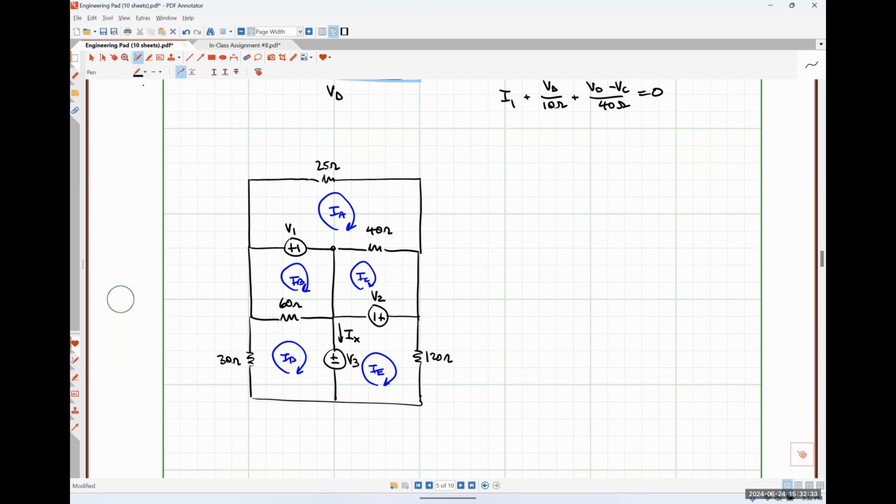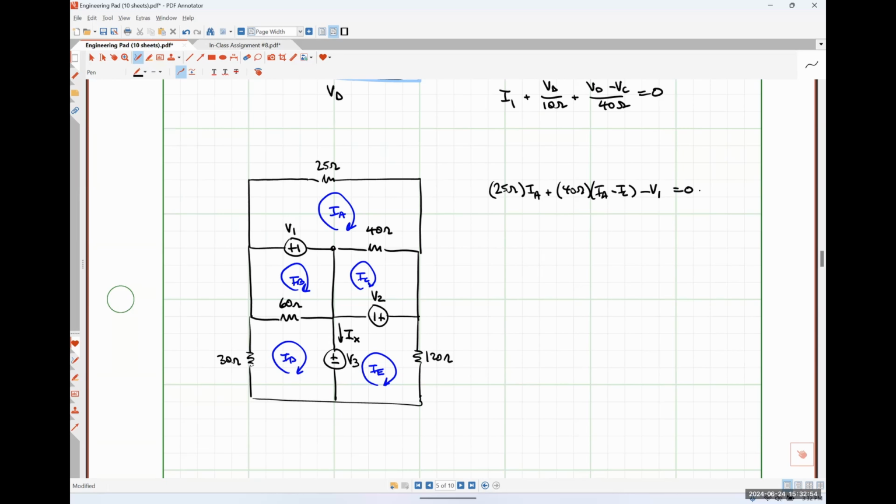equations. So starting with mesh A, I'm going to have 25 ohms times IA plus 40 ohms times (IA minus IC) minus V1 is equal to 0.